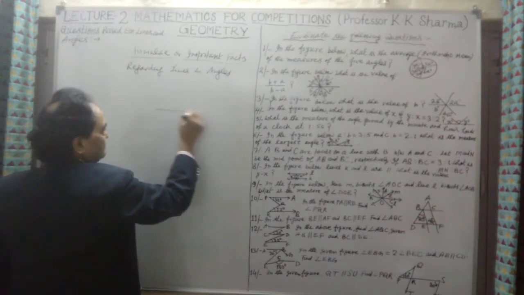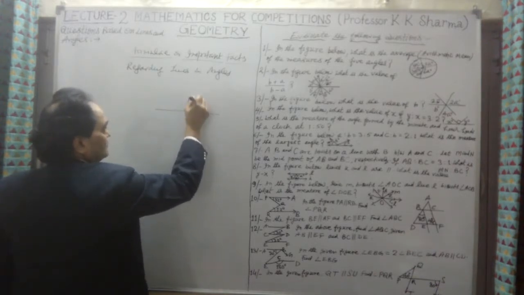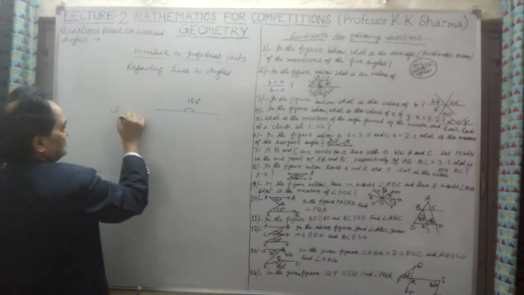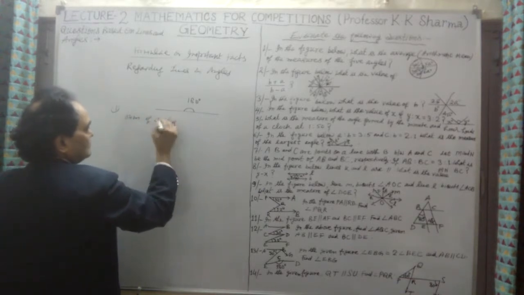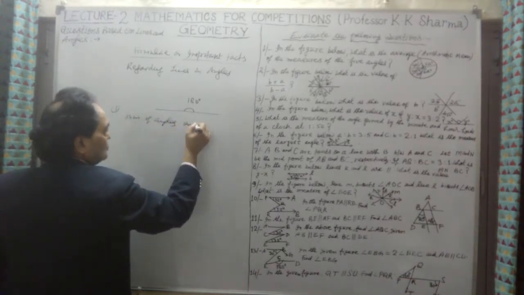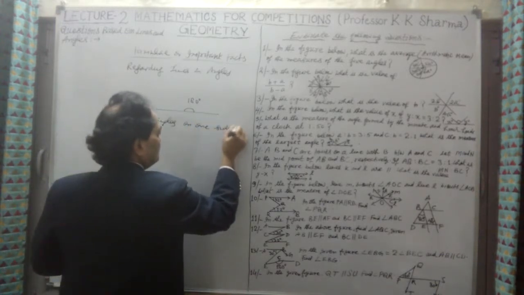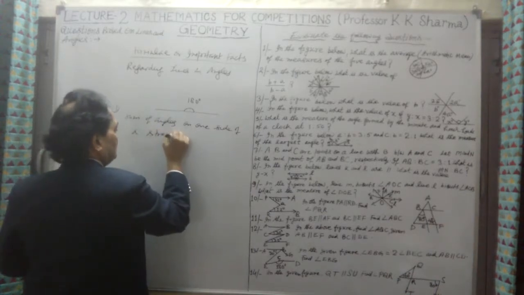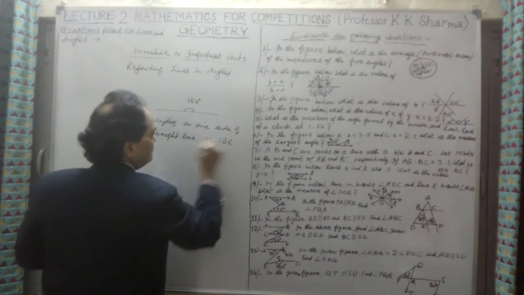If there is a straight line, then the total angle made on it is a straight angle, which is 180 degrees. Number one: the sum of angles on one side of a straight line is 180 degrees.